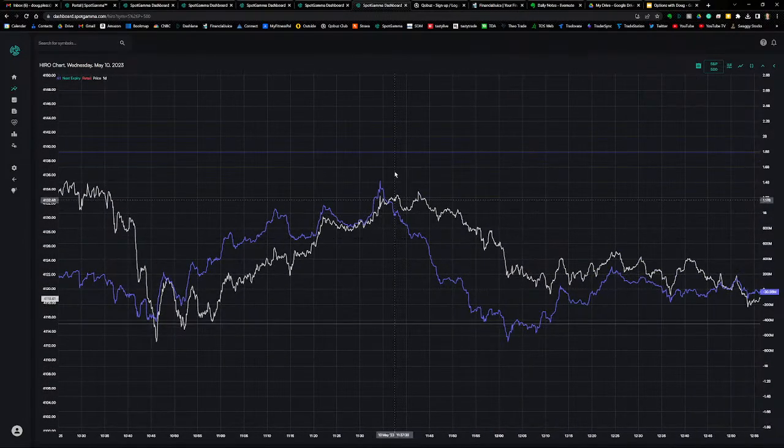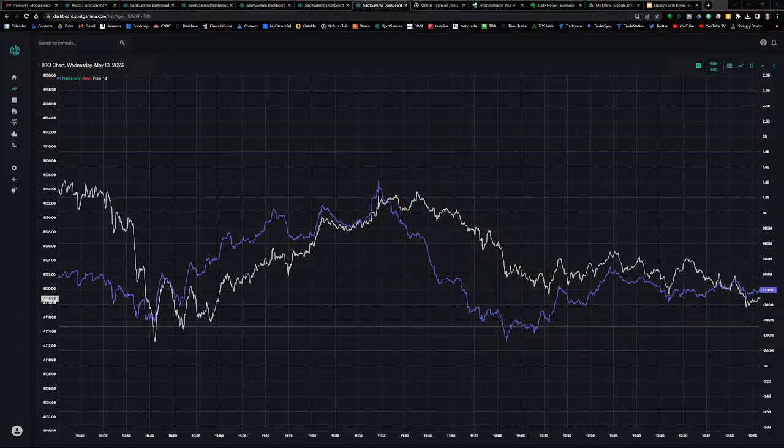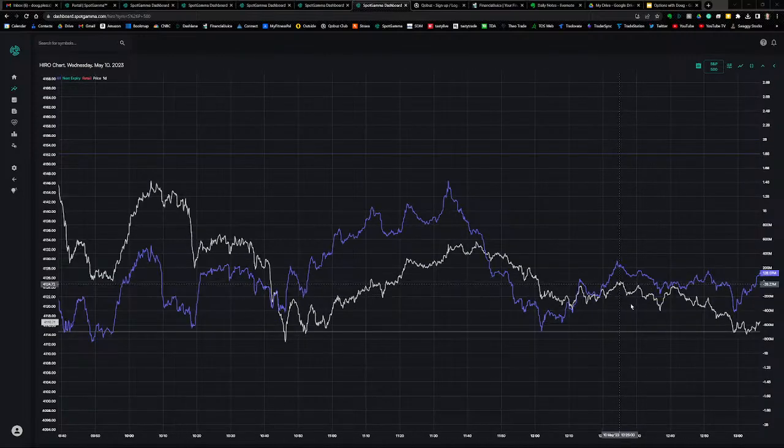So there's another divergence short setup at around 11:40, something like that. Hero shifts lower, price follows. So good signals today from Hero, as well as order flow and Bookmap.